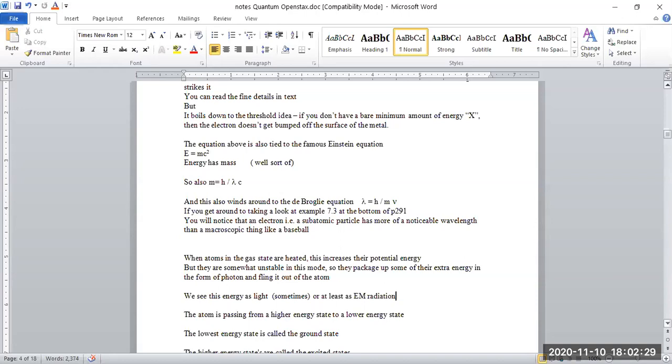So I kind of wish we had gas discharge tubes that I could show you. You might want to look them up. I don't know if I can. Let's go back to this. Can I share my screen on Google?